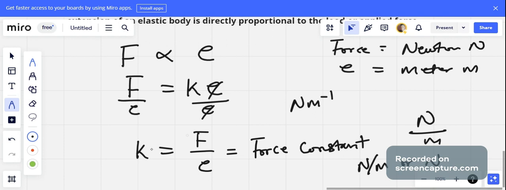So force constant K is the measure of the strength of a wire or a body under deformation.